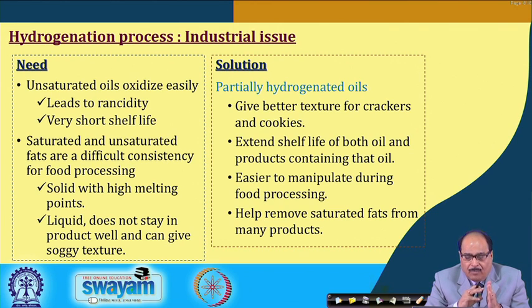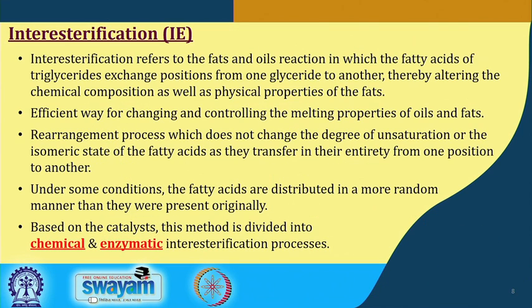They are easier to manipulate during food processing operations and help remove saturated fats from many products. So, this was about hydrogenation and its benefits and how it is done.